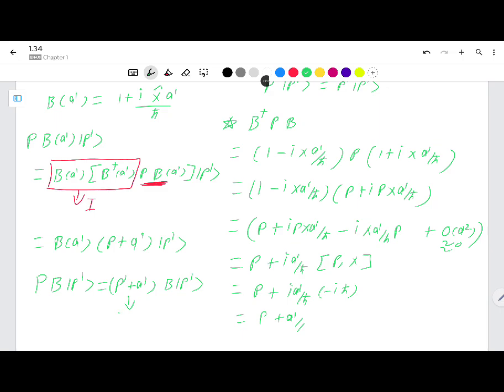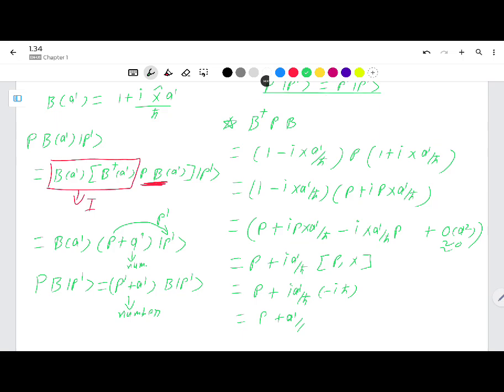And this is a number. Why is this a number? Because this is an operator which will give us the P prime eigenvalue, which we have fixed from here.